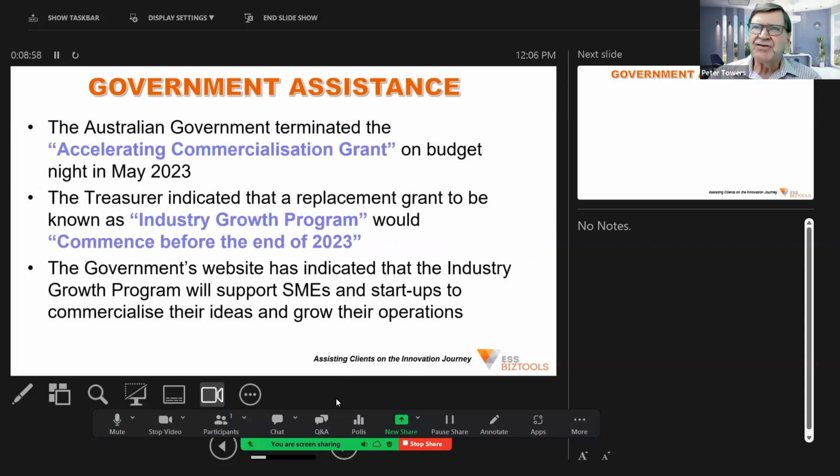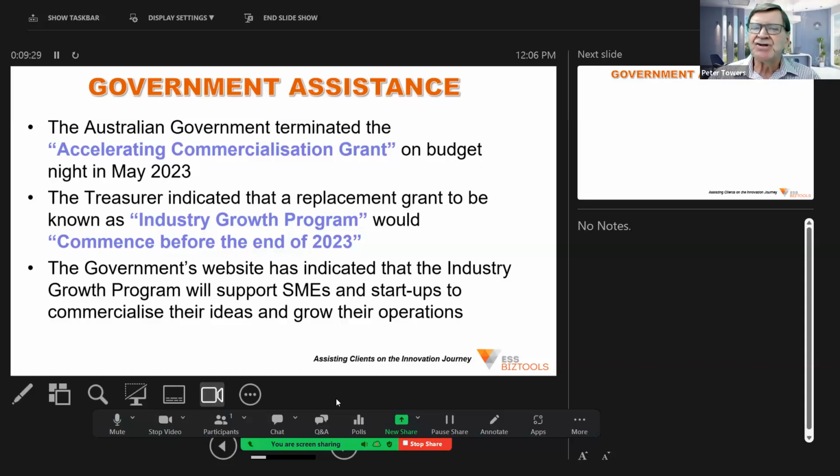For 12 years, the Australian government had an excellent program called Accelerating Commercialisation, which supplied up to $1 million on a 50-50 basis to a company to enable them to move from the prototype stage through to a practical, fit for commercial sale product.